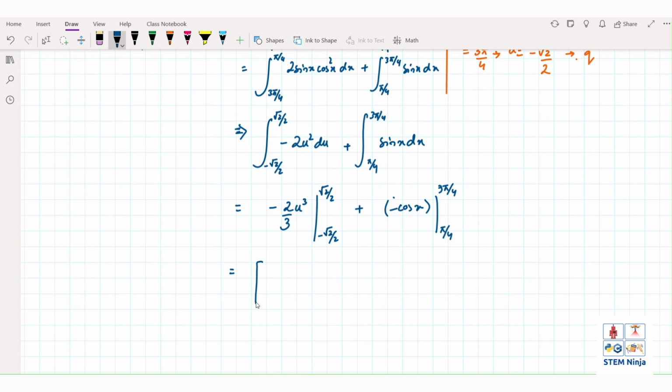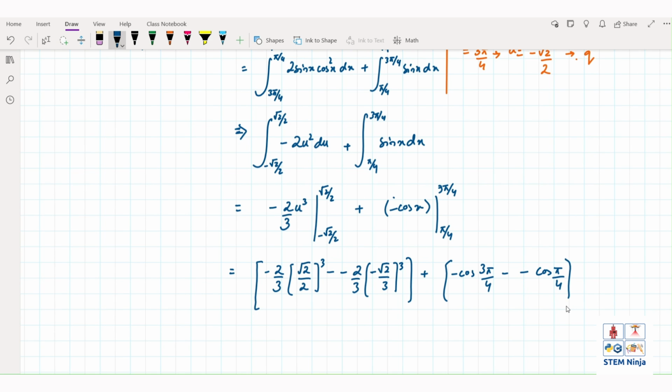So when we do this, minus 2 over 3 root 2 over 2 cubed minus minus 2 over 3, this is going to be minus root 2 over 2 this time, plus minus cos of 3 pi by 4 minus cos of pi by 4.